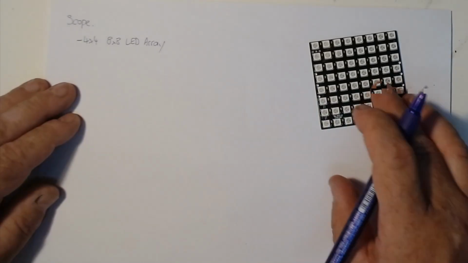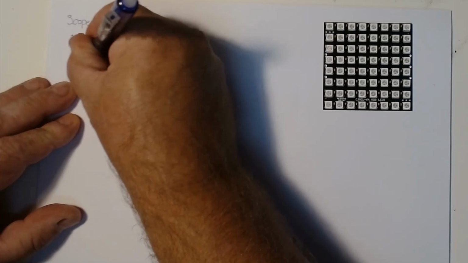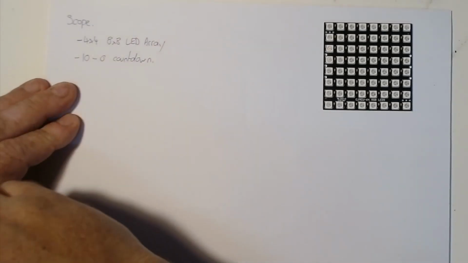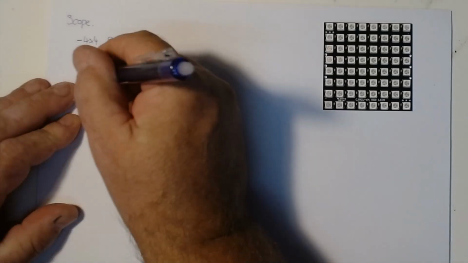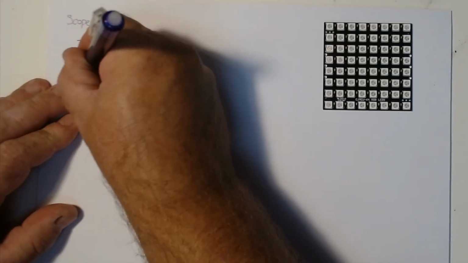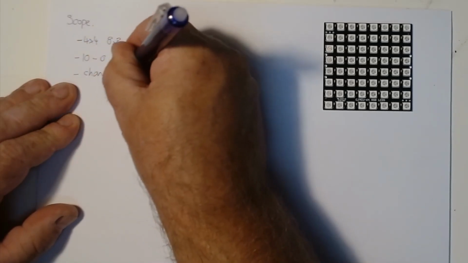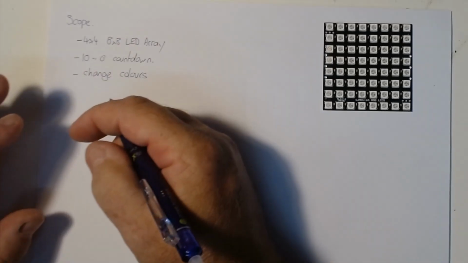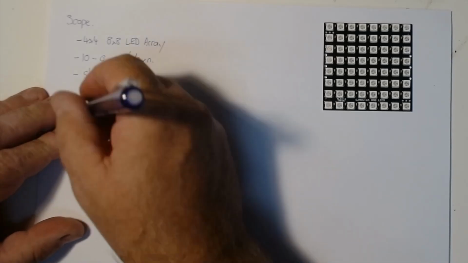We want to display on that array the numbers 10 down to 0 as a countdown. As the countdown's getting closer to 0, we might change the color. So change colors. We'll need to drive this, we'll need some sort of data in.